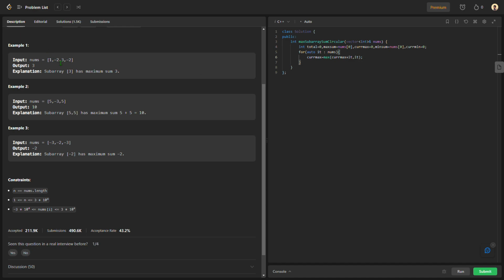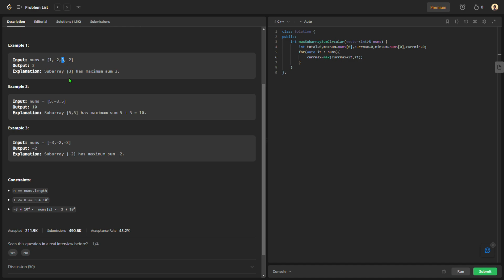The next example. Supposingly current sum had minus 2. And then I said add 3 to your current max.